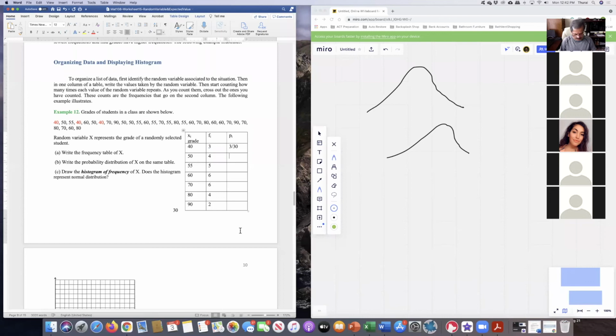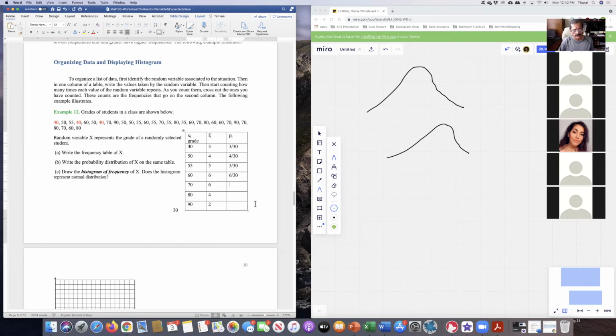So 4 over 30 here and 5 over 30. Simply divide each frequency by the total frequency. 6 over 30. Do not reduce these numbers.